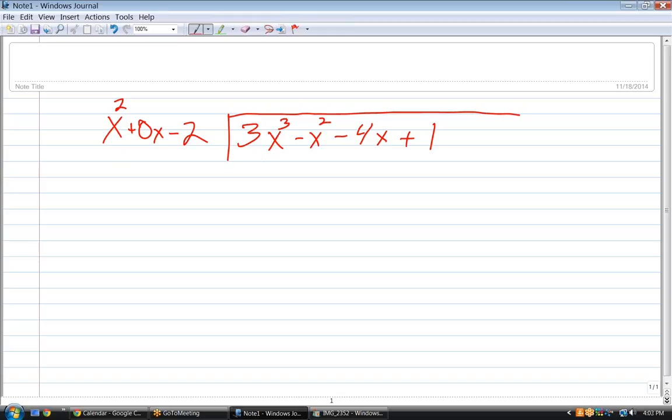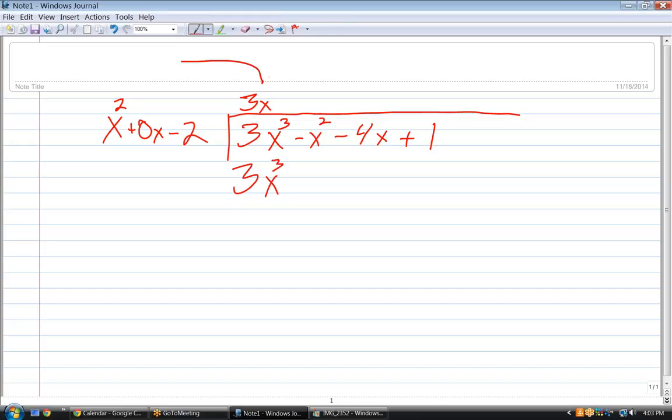So you put the x squared? You divide x squared into 3x cubed. So you get 3x? Then you multiply 3x times all 3 terms. On the left side or the right?